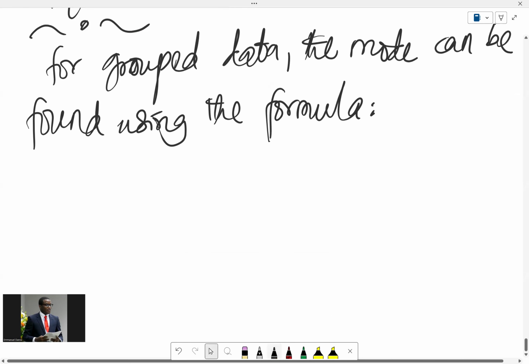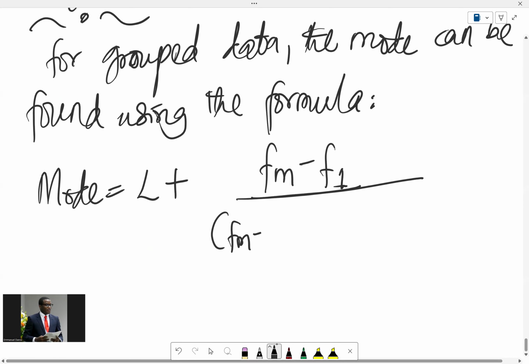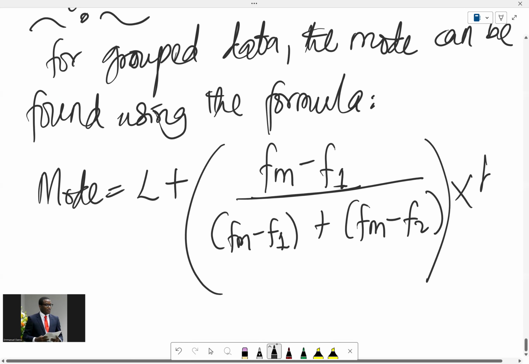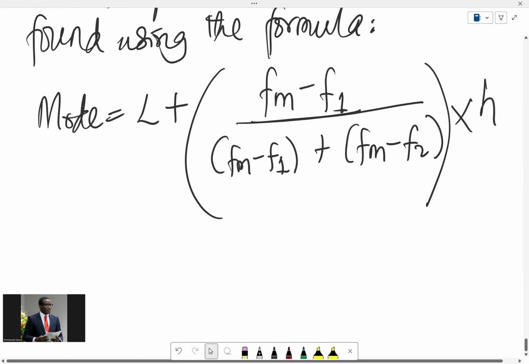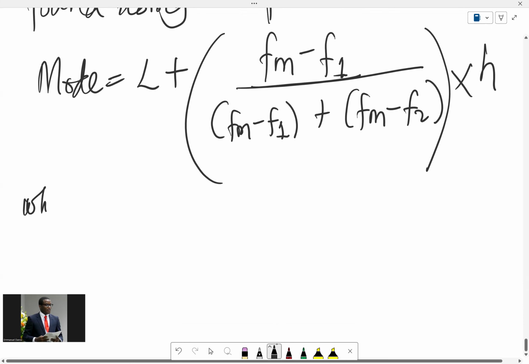The formula is mode equals L plus Fm minus F1 all over Fm minus F1 plus Fm minus F2, all this now multiplied by H. Okay, so now we need to know what each of the terms actually mean.